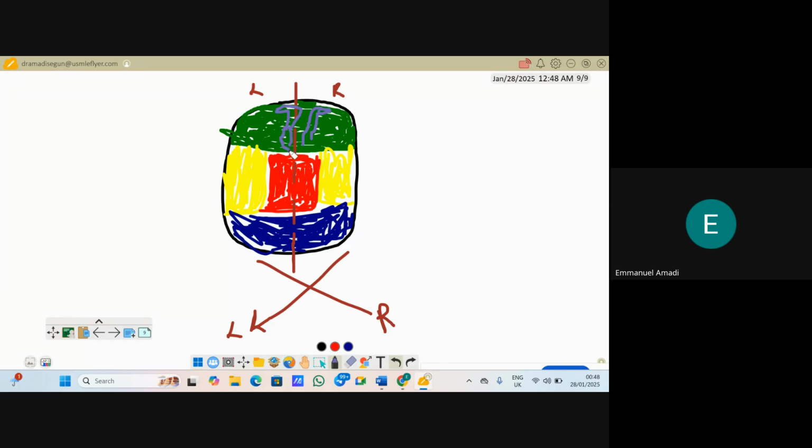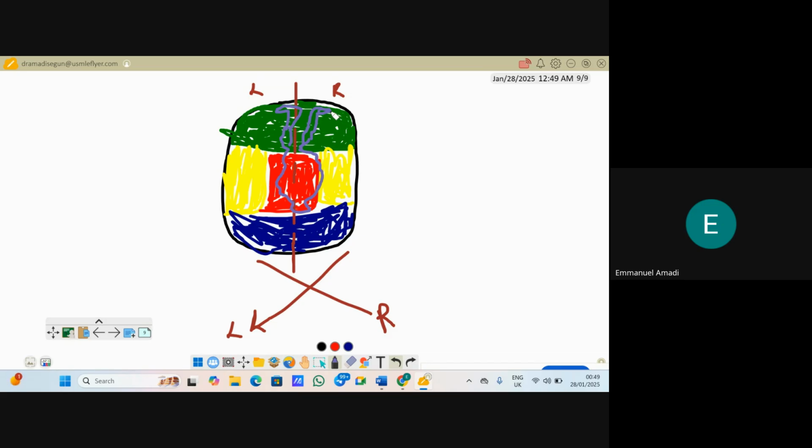And let's assume this is the person's trunk. And let's assume this is the person's head, like this. So the person is arranged in an upside down manner in the brain.